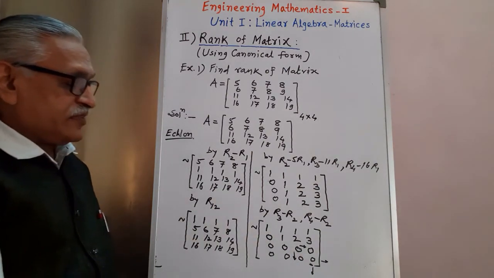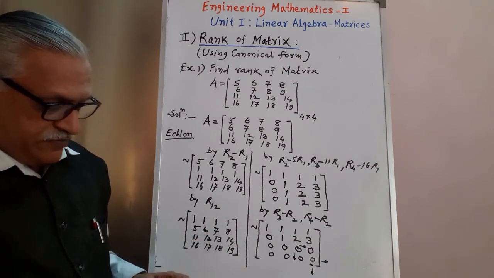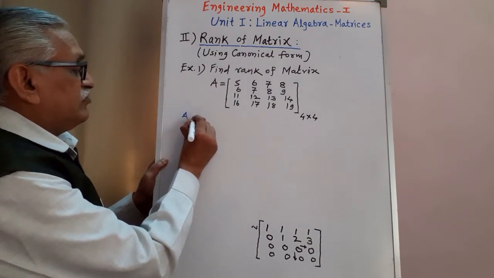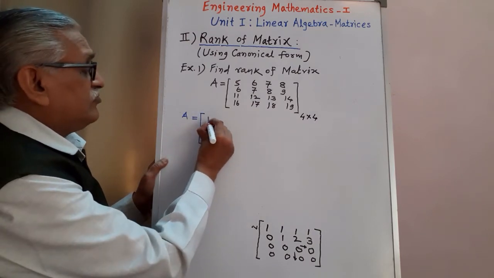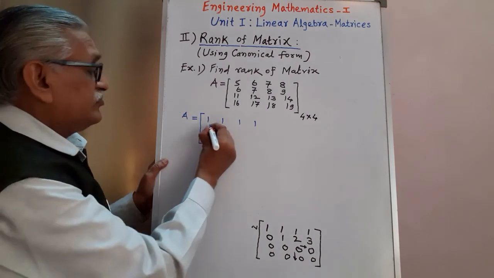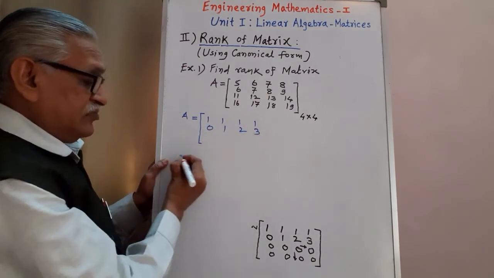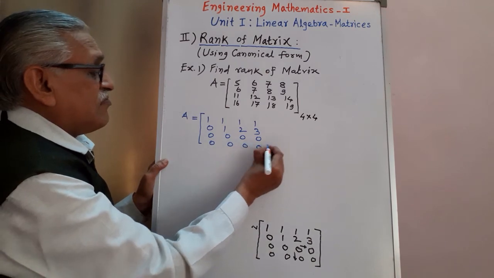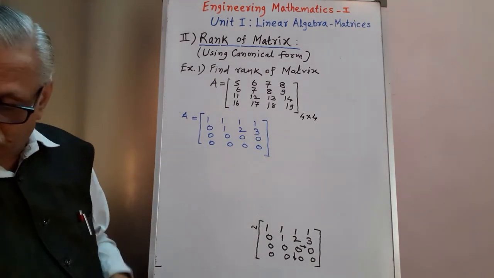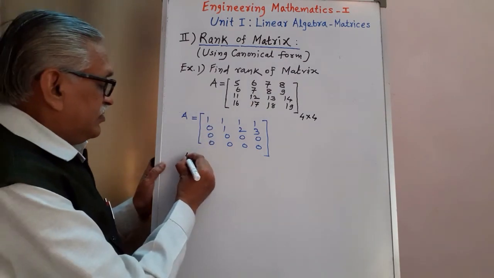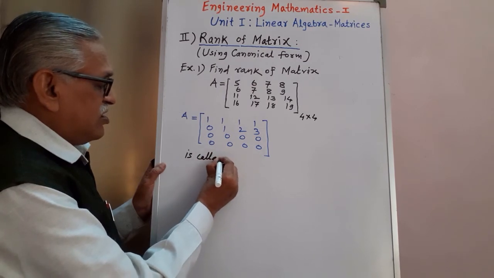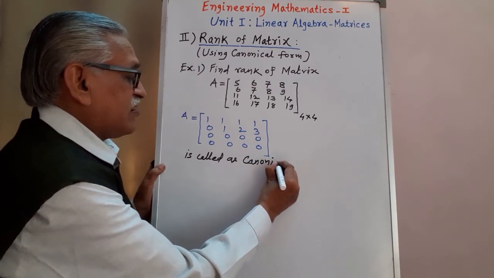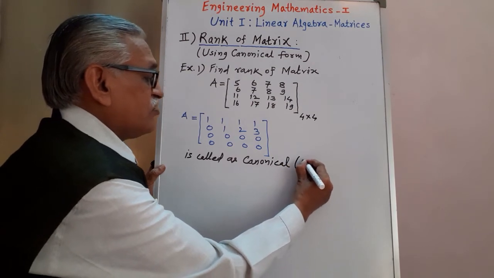Therefore, we keep this as it is, and whatever form we are having, that form is called canonical form or echelon form.